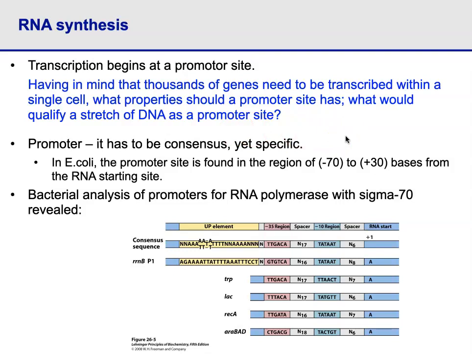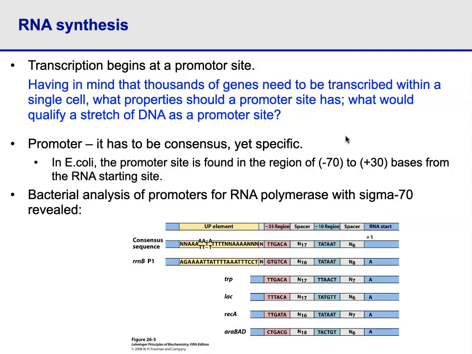So, again, a promoter has to recruit the transcription machinery. In other words, it has to have sequences that are similar between all promoters. And these sequences are known as consensus sequences. They are not identical, but they are very similar. These are binding sites for the proteins responsible for transcription.